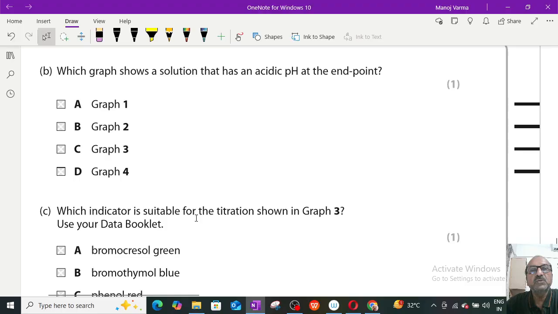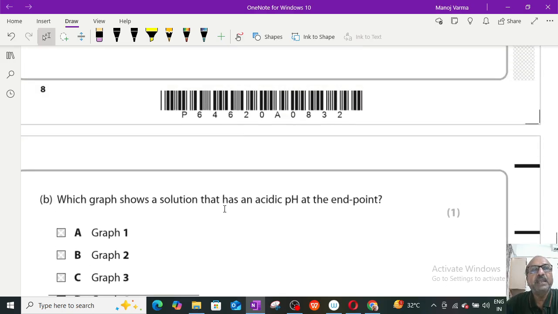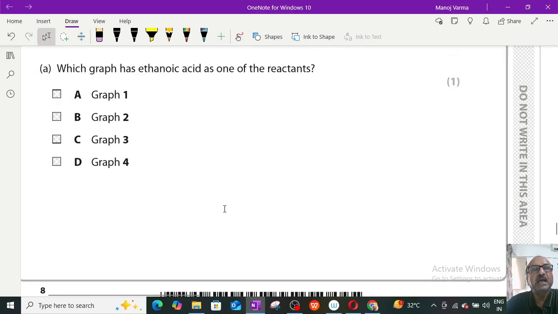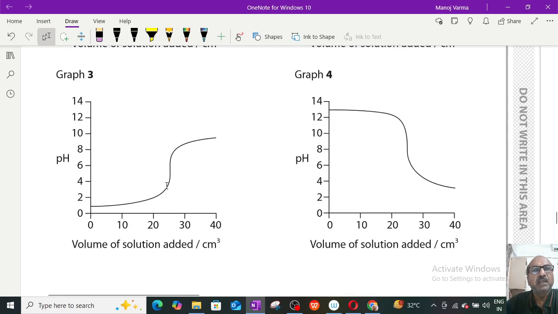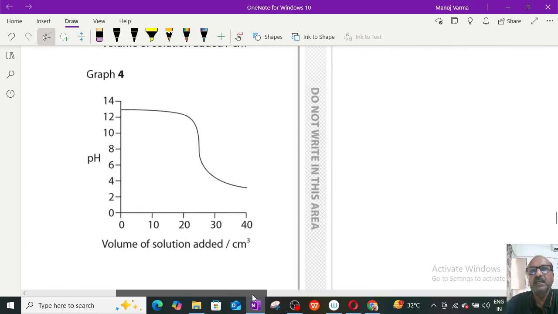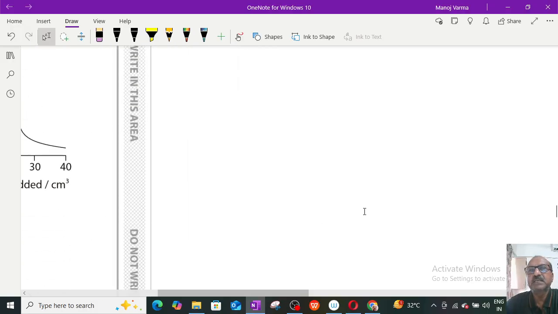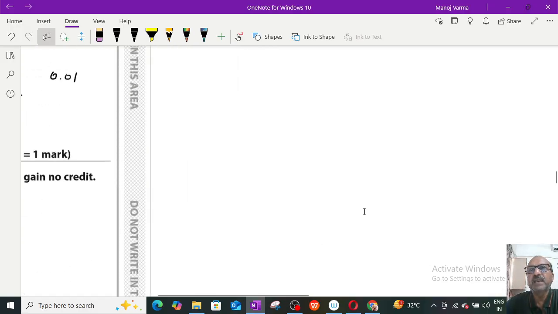And which indicator is suitable for the titration shown in graph 3? So in graph 3, as you see, the vertical portion is somewhere between 4 and 6. So let's look at the indicators between 4 and 6, which indicators would fall in that range.